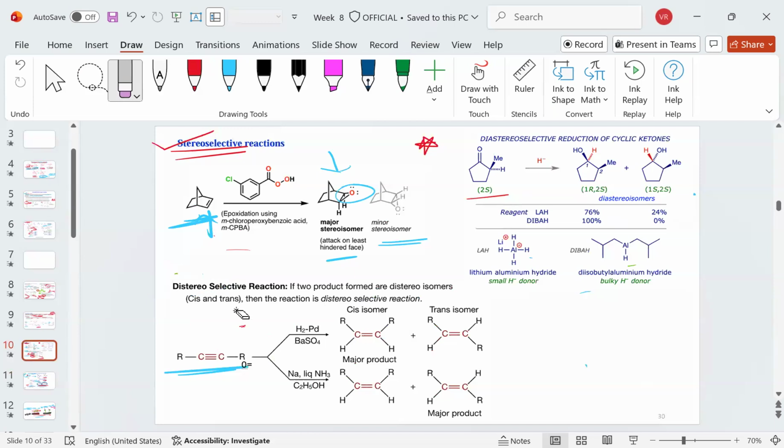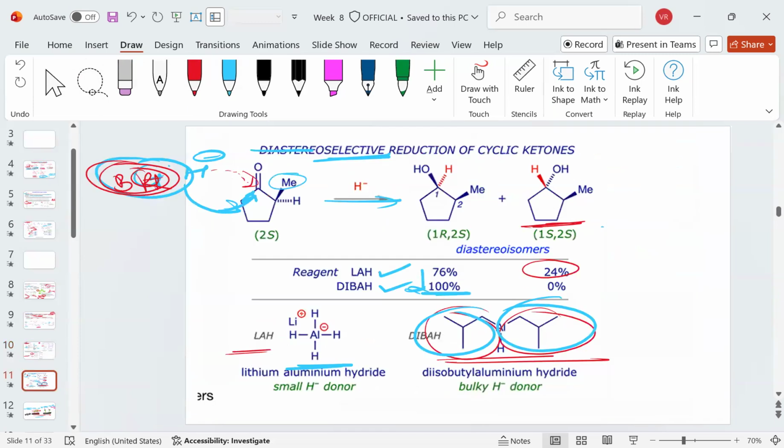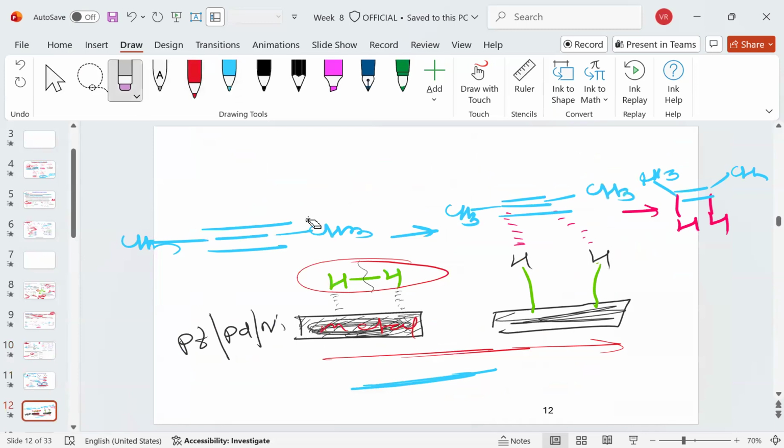Here is another example that I mentioned, the reduction of an alkyne. In the reduction of this alkyne, what happens? If you use H2/Pd/C reduction, and if you look at the reaction mechanism of this H2/Pd/C reduction, the first step is the addition of hydrogen across the metal. So this is basically the metal, and hydrogen is attached on this metal.